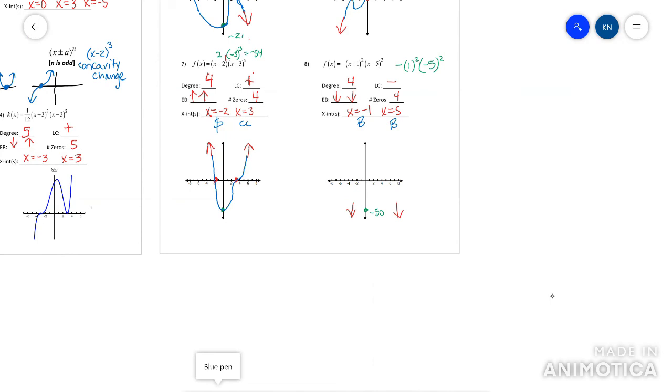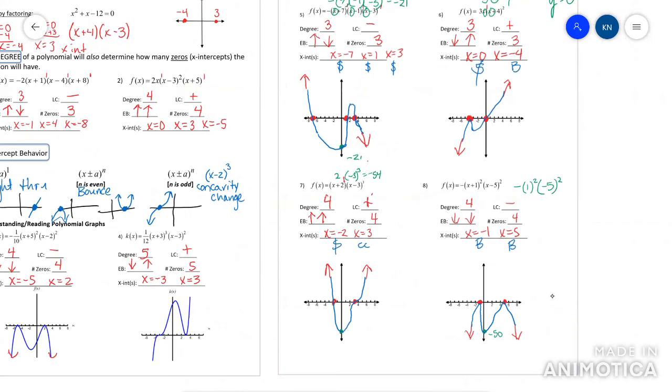And then your x-intercepts at -1 and at 5. And you're just going to bounce off, hit this y-intercept, bounce off again and connect to the arrow. Although I'm going to redraw that because it looked like a concavity change, even though it shouldn't have been. So let's see if I can do a little better. Bounce off, hit this, bounce off. That's the best it's going to be.